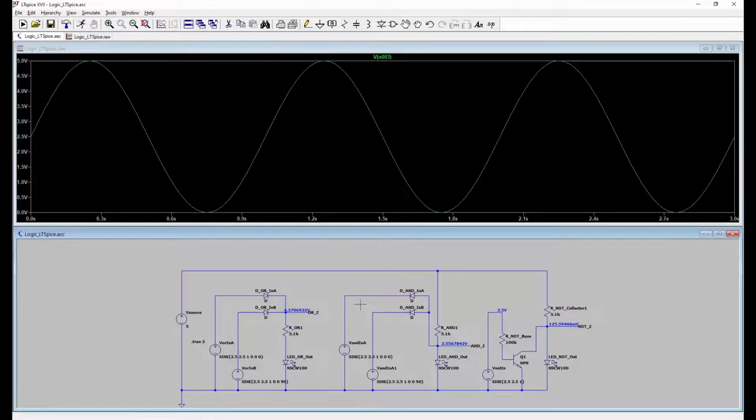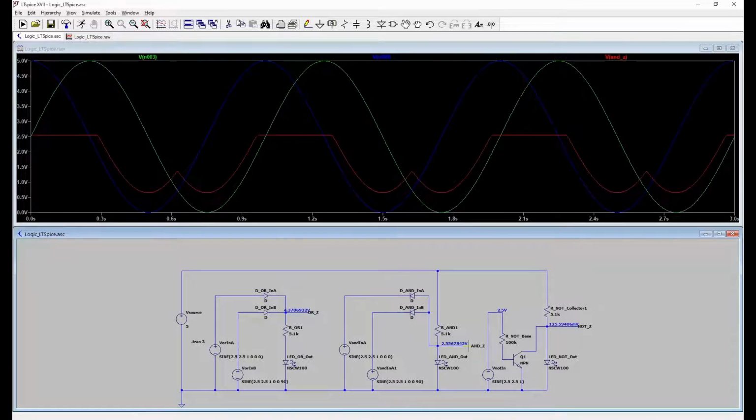A is green, B is blue, and the output of A and B is red. So now, what do we have? In the case of the AND gate, at present, we are still only using the LED's voltage drop, not the resistor that I mentioned earlier, to bring up the input voltage from the 2.6 volts. So high is considered to be 2.56 volts.